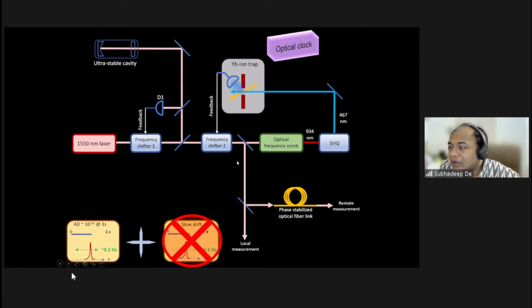But squeezed light will be very much useful for the photons that we want to transfer through the optical fibers. Because if they are squeezed in the phase quadrature, then at the end of the fiber you also get the same phase quadrature, so you can enhance the accuracy of the measurement or the accuracy of the transfer, provided you use squeezed light.